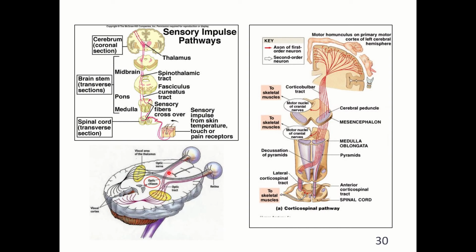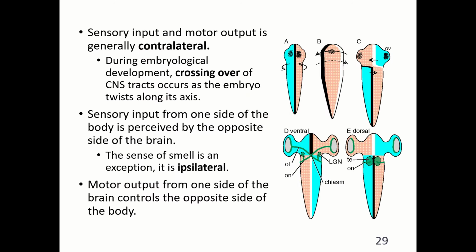So that's sensory input. And then with motor output, this is the primary motor cortex sending information down to the medulla oblongata where it crosses over. So this is another decussation or crossing. So sensory input and motor output are generally contralateral due to the axial twist of the embryo during development.